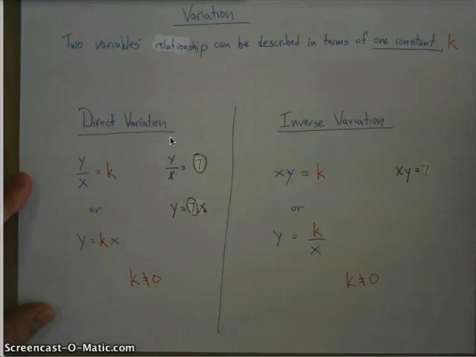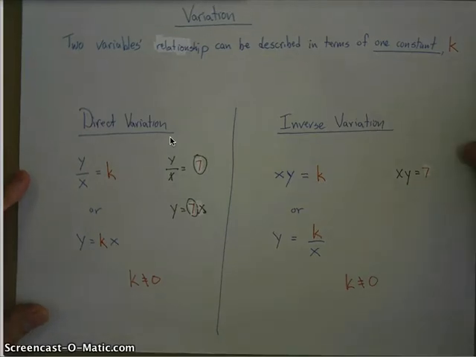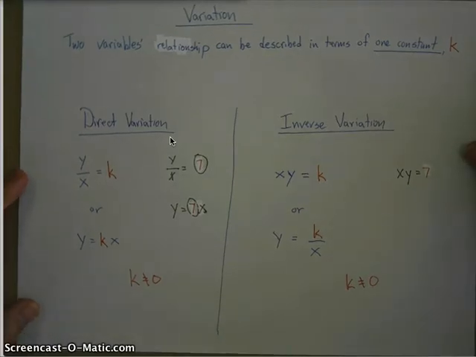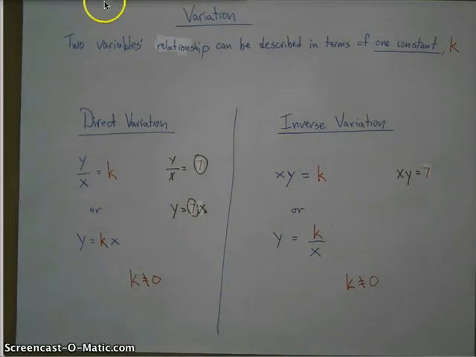I'm sure you can think that through and realize why that is the case. That's it. When we ask about direct and inverse relationships, basically the usual question is, what is the varying constant here? And simply asking, is this a direct variation or an inverse variation? As simple as that.